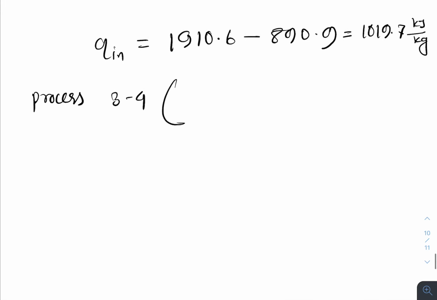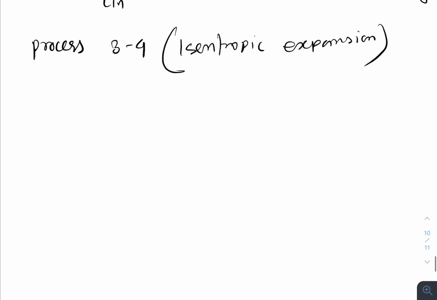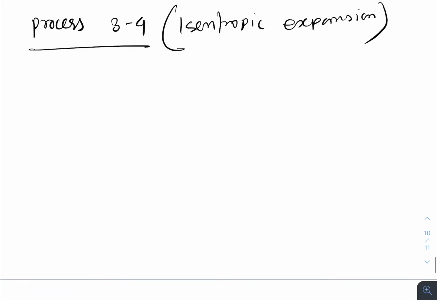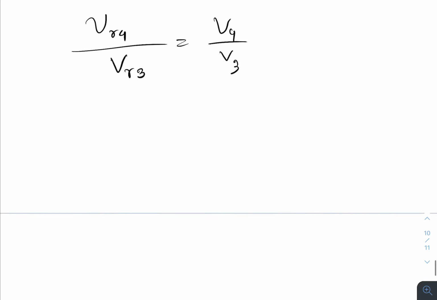So for process 3 to 4, this is an isentropic expansion, right? Process 3 to 4, basically we know the relationship VR4 divided by VR3 equals V4 divided by V3.